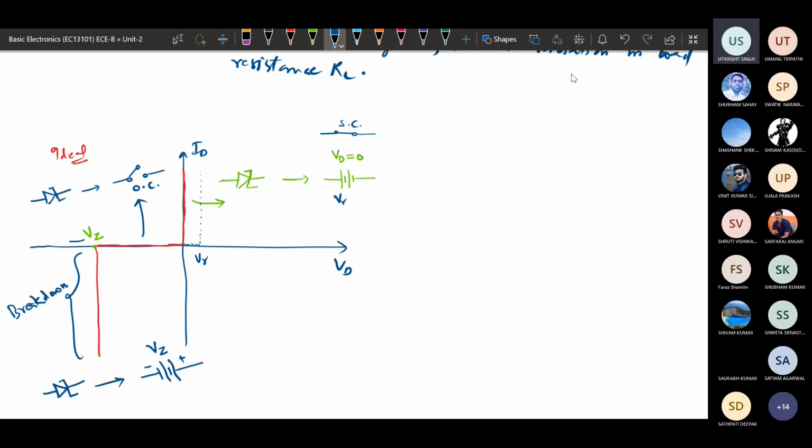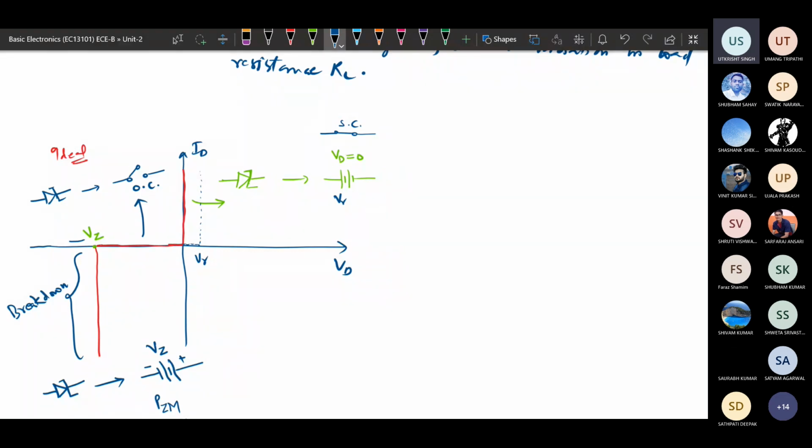That limiting will be based on power dissipation. The power rating of each Zener diode is given by Pz maximum, that means the maximum power it can withstand. If we apply beyond this maximum power rating, then this Zener diode will get damaged.